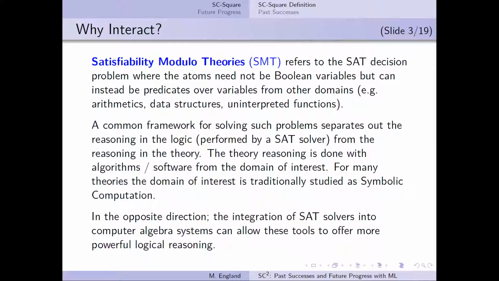And for not all of the theories, but for a lot of them, the domain of interest has traditionally been studied by the symbolic computation community. And so there's a motivation there for the SMT people to learn about symbolic computation. And of course, there's motivation in the opposite direction as well. The integration of SAT solvers into computer algebra systems can allow these tools to offer much more powerful reasoning.